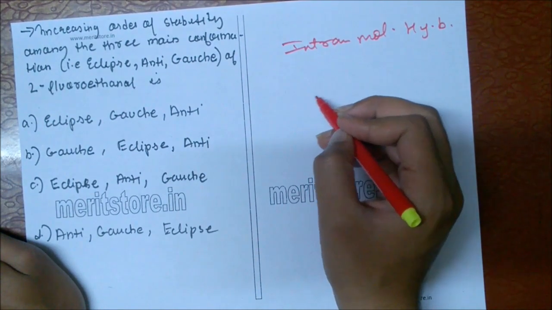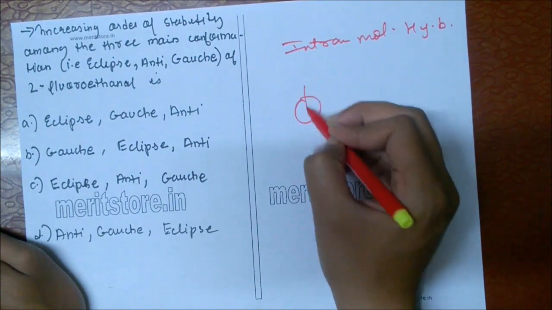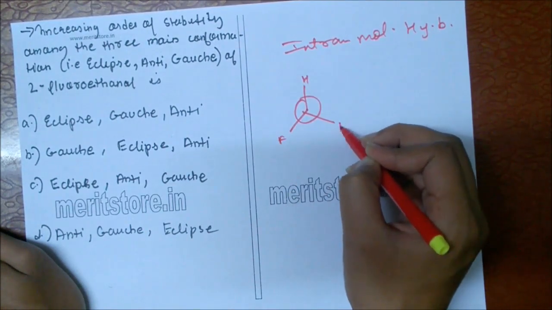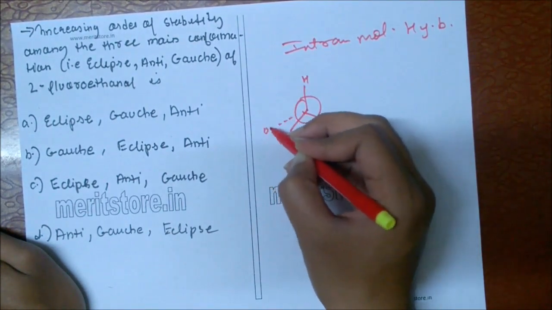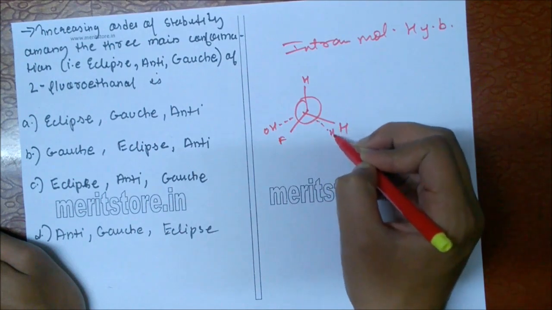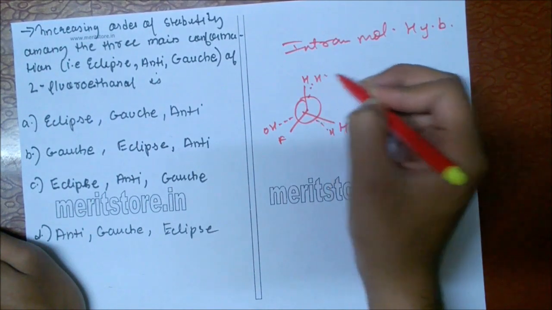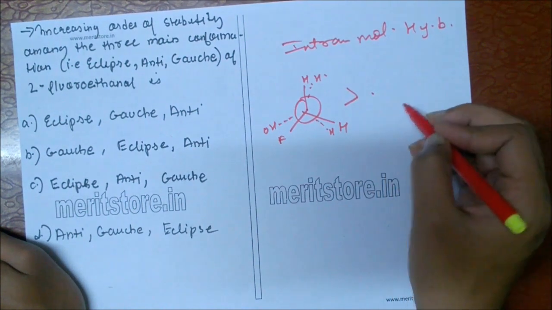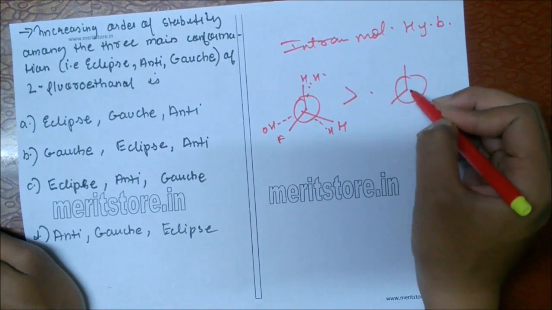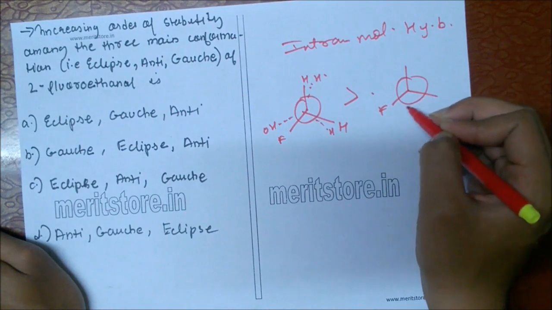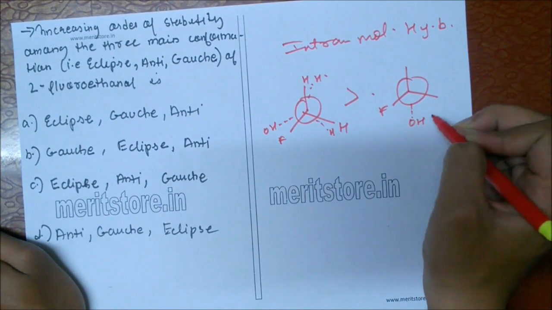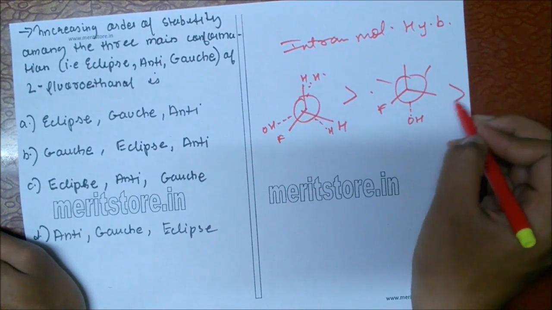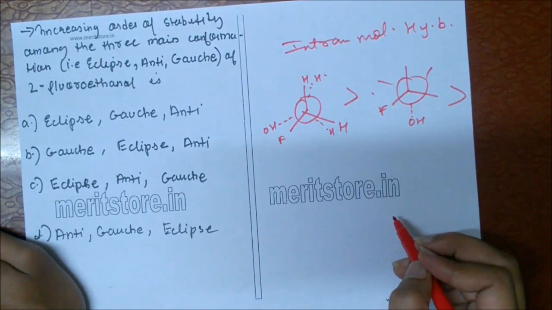So the eclipsed conformation, with fluorine hydrogen and OH hydrogen, is more stable than gauche. Here is the hydroxyl. I am not filling the position for hydrogen, and anti is the least stable.